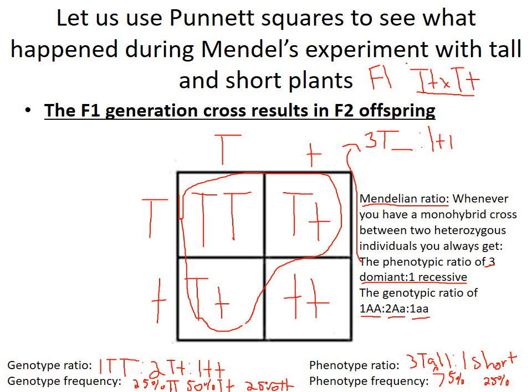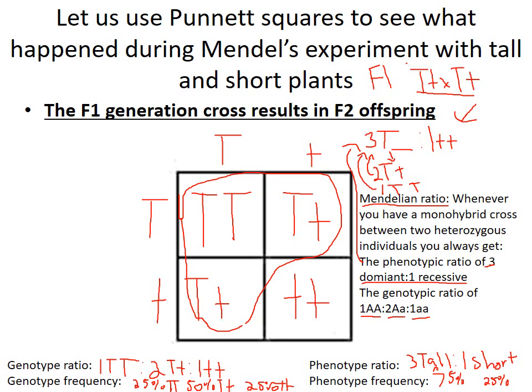I know this is written in the genotype form, but it still represents the phenotype. Here's why. The 1 little t, little t is the recessive phenotype. The 3 big T with an empty space is actually the dominant phenotype, because this big T could be either the big T from the 2 big T, little t, or the big T from the 1 big T, big T. When you add them together, that gives you your 3 individuals with the dominant phenotype.